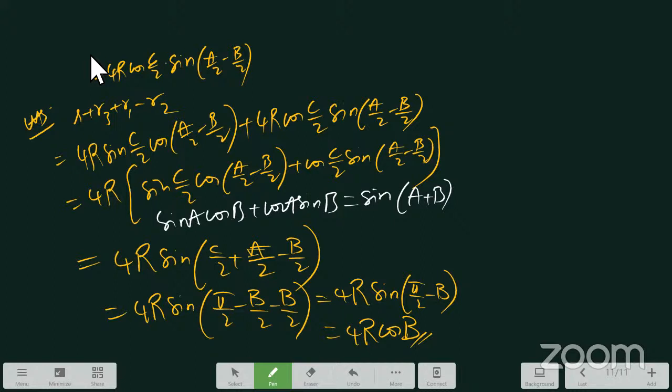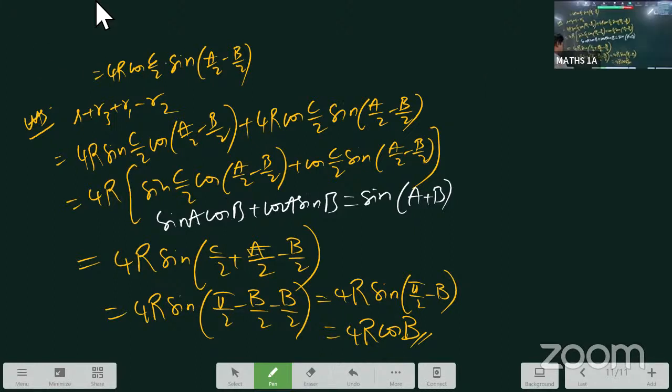These are a few very, very important questions. Is it clear? Now we'll start. I almost did all the most important questions. Is it clear? Now let us start with 4 mark questions. These are a few important 7 mark questions in properties of triangle. Now you should be careful.